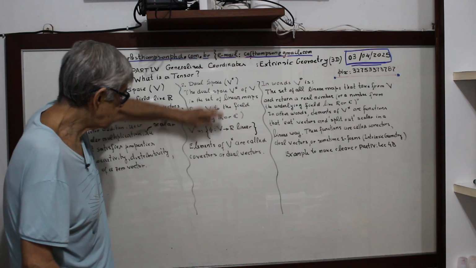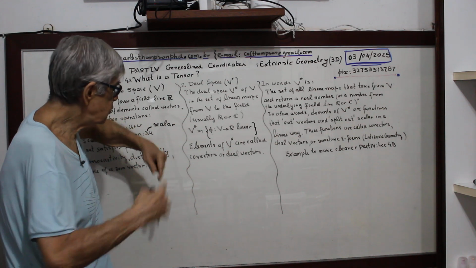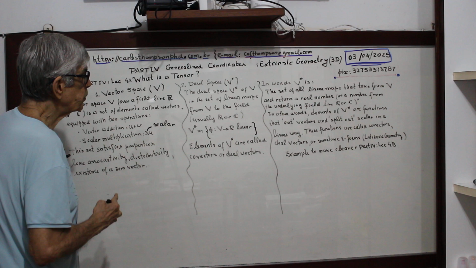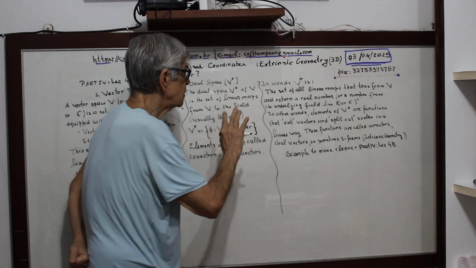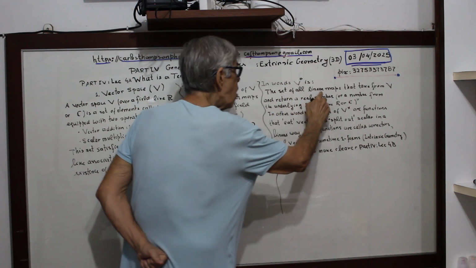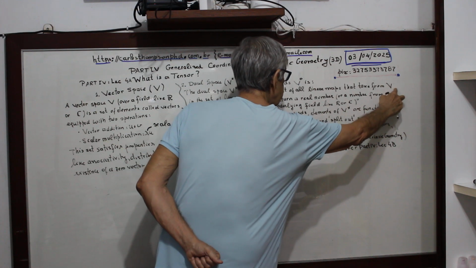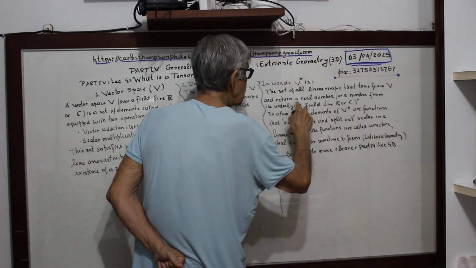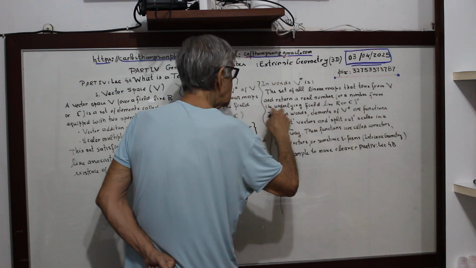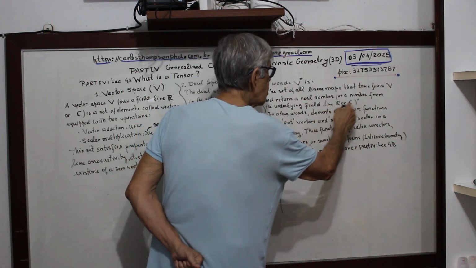That's important, because in the next videos you'll be using this terminology. In other words, V star is the set of all linear maps that take a vector from this vector space and return a real number, or a number from the underlying field, like the real or complex numbers.